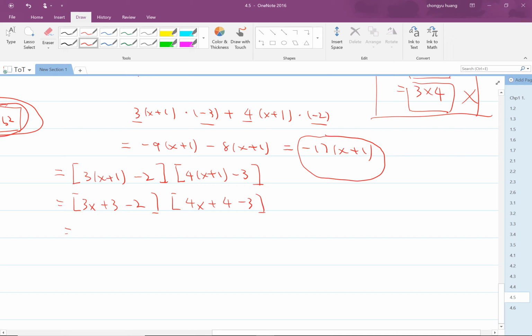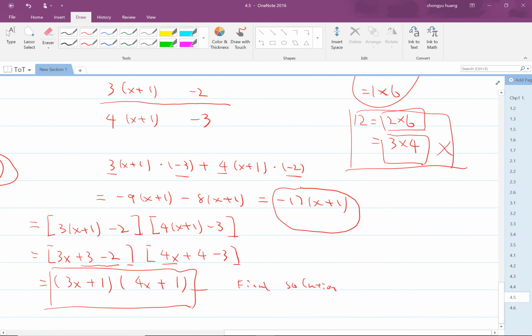So now 3x plus 3 minus 2 is actually plus 1, and then what we have is 4x plus 4 minus 3, which is equal to 1, right? So this is our final solution for this question. Okay, the final solution for this question is 3x plus 1, 4x plus 1.